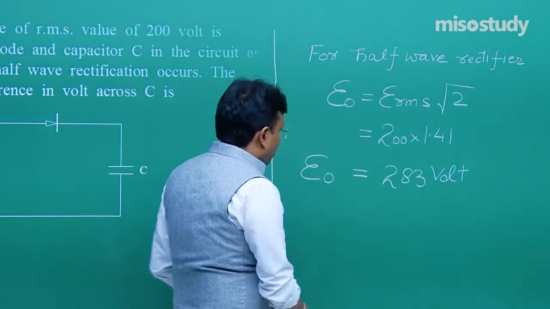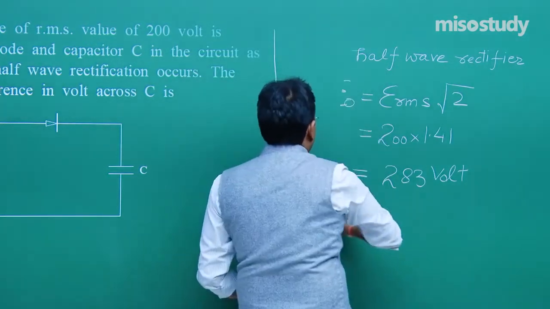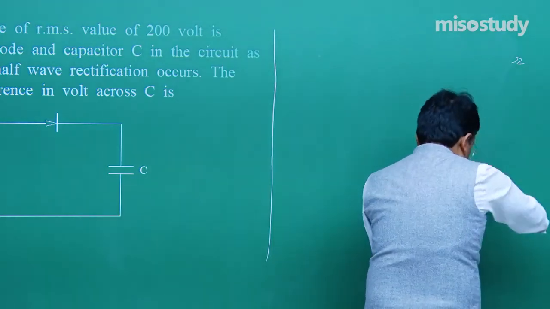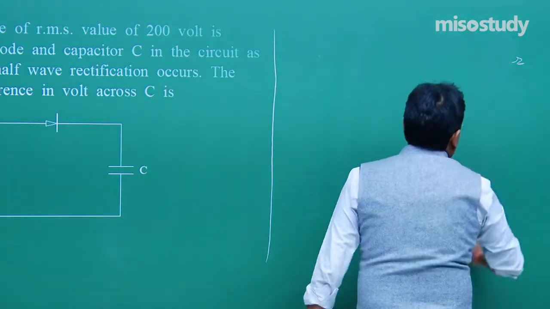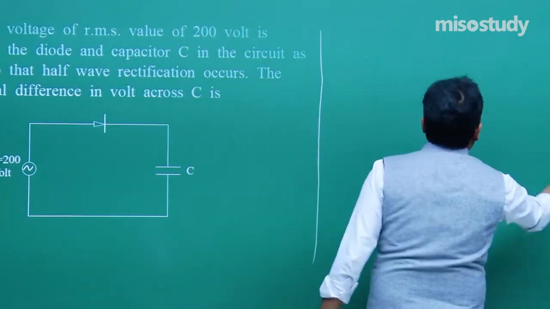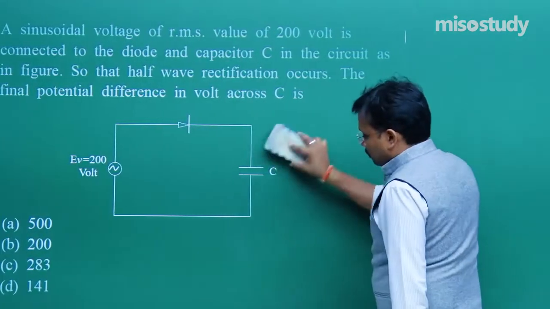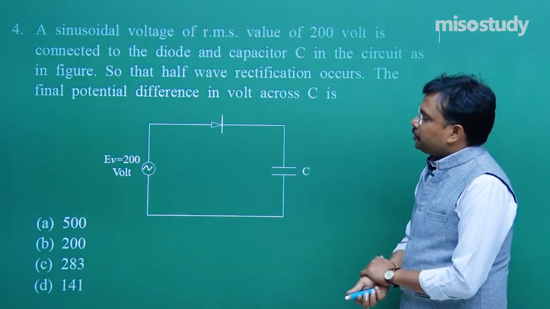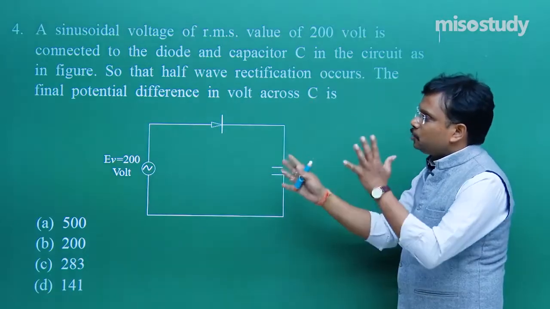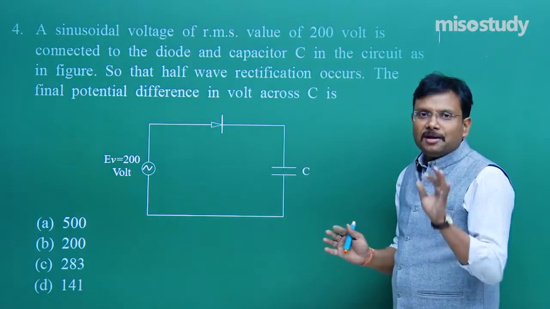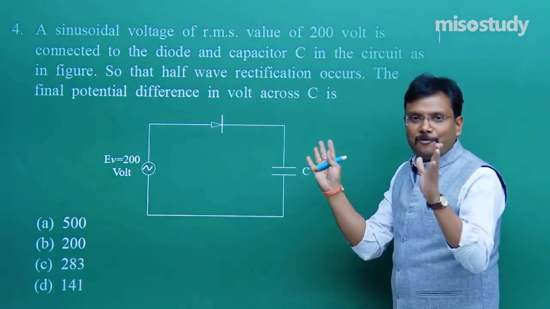So with this, I think this fourth question is also a very simple question, and as such nothing is difficult over here. That is why at the start of this presentation I mentioned that this is going to be a combination of easy to moderate, sometimes slightly moderate to difficult type of questions. Okay.